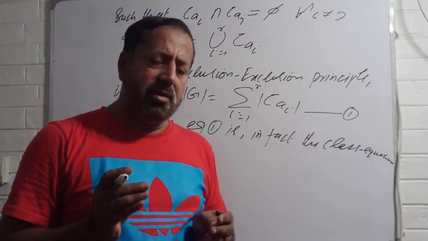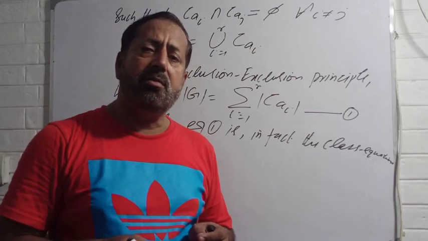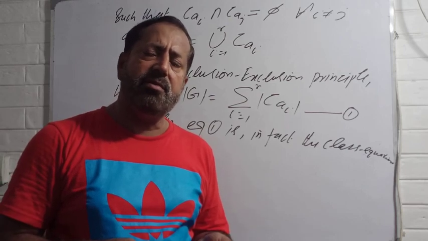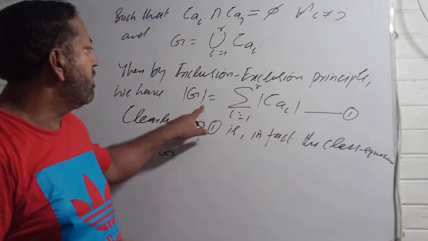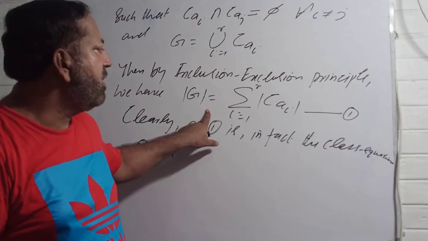You take the conjugation relation on G, and the conjugacy relation defines the partitions. So that's why you have this equation, which is also the class equation of G.